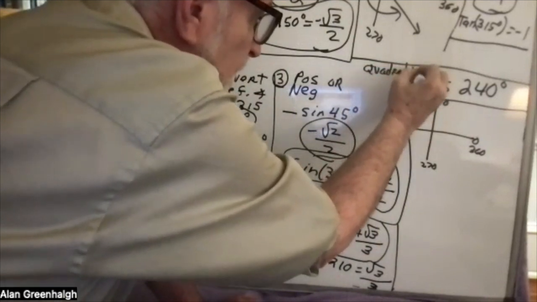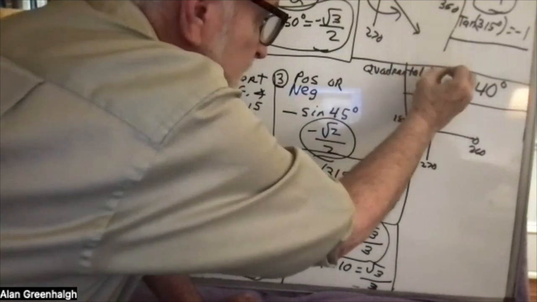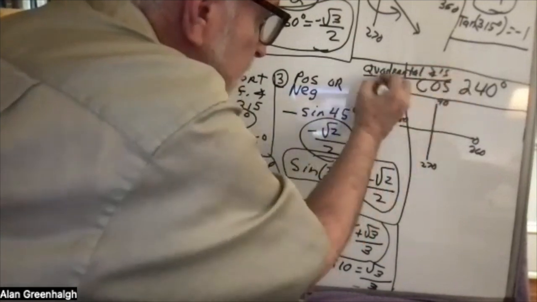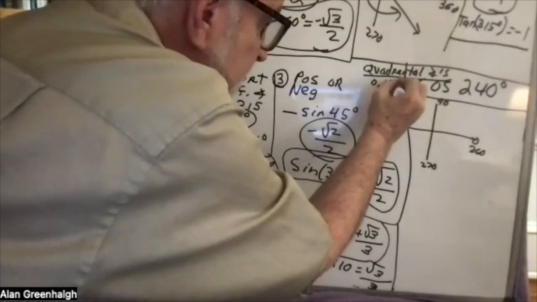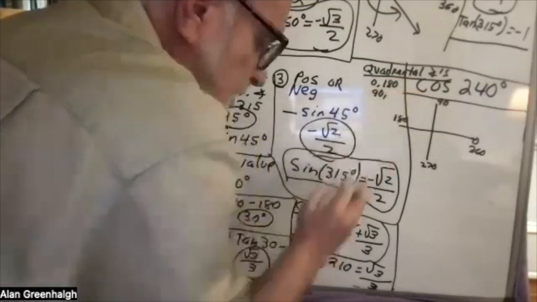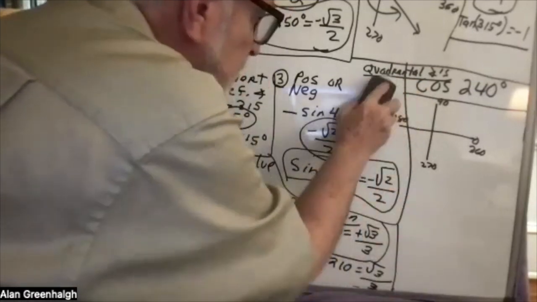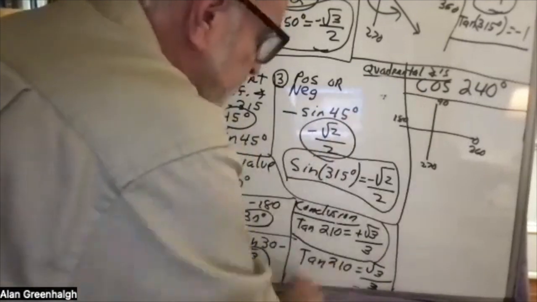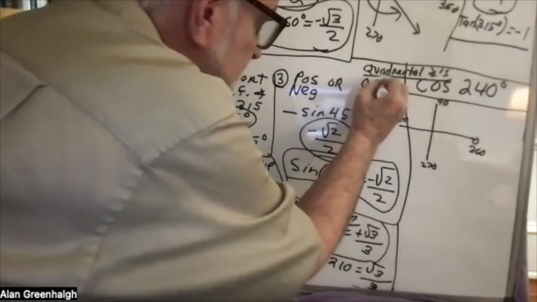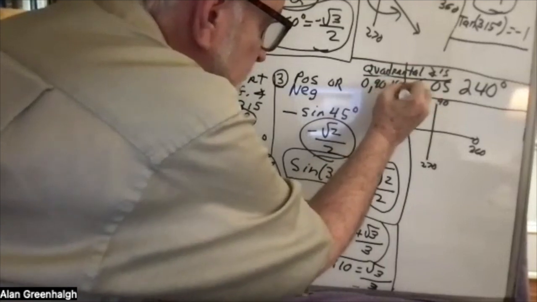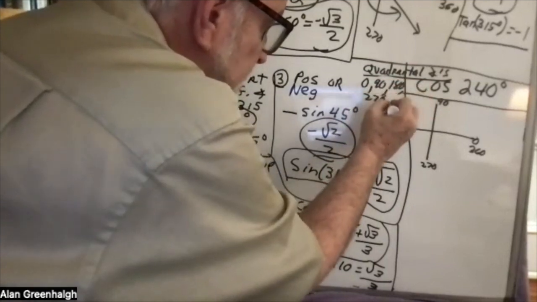Quadrantal angles. Let me put them in order at least. That would be helpful. 0, 90, 180, 270, and 360.